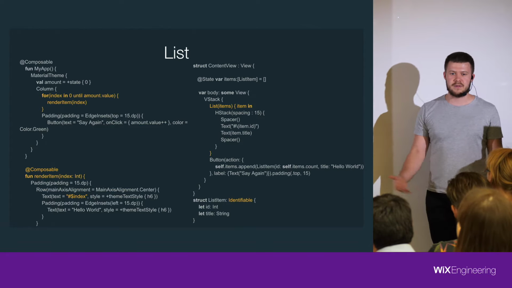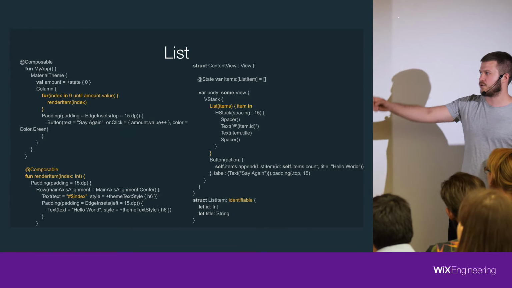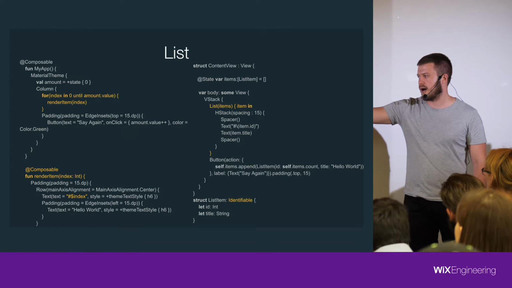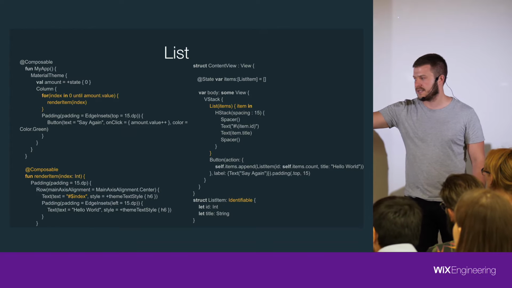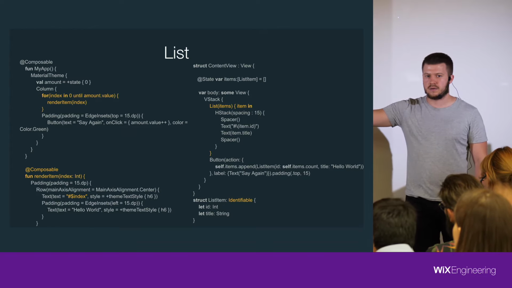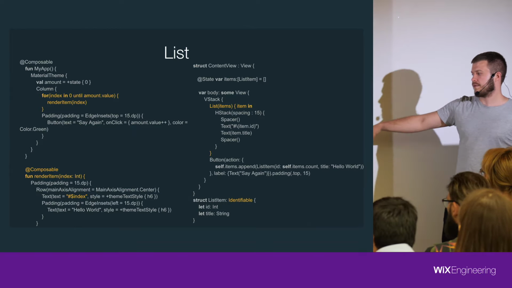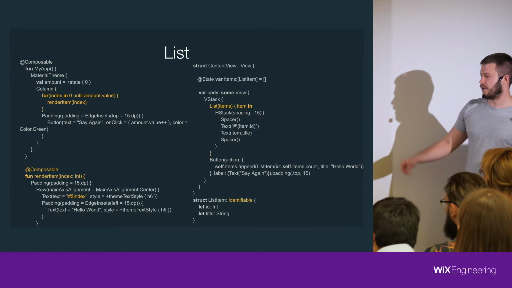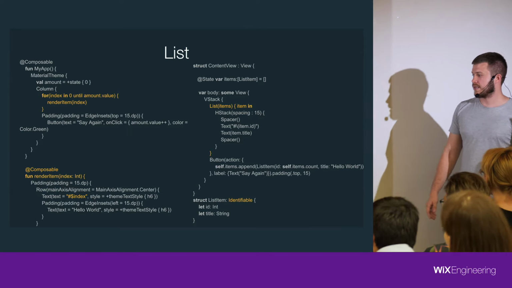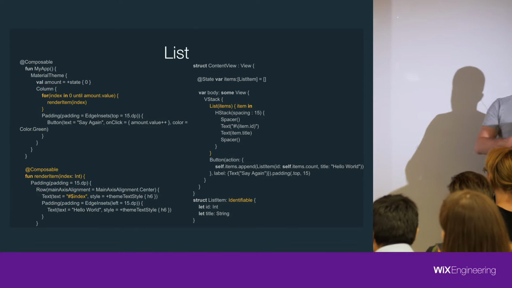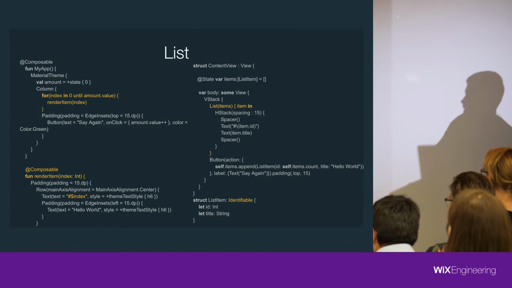So I just want to simplify, and I only use a counter, and I only iterate and render the same item with the same static title, and just change the index. But for Swift, I have to create a model because I have to have an ID. I pass this model to the list. So yeah, it's a more complicated example.